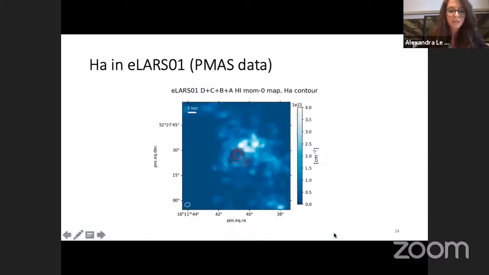Now, if you look at what happens in the other galaxy, in ELAS 1, this is the H alpha from PMAS. We didn't have MUSE data for ELAS 1 because it's a bit too far up north in the sky, so we get a bit less resolution than MUSE. But essentially the star forming sites coincide with lower column density HI regions.